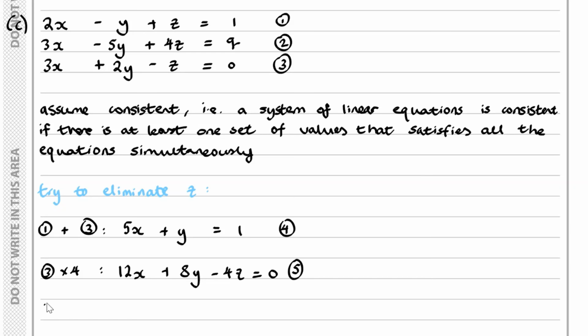If we do that, 3x plus 12x, that's 15x, and minus 5y plus 8y, that's 3y, 4z minus 4z, that's 0z, and then we have q plus 0, which is q.